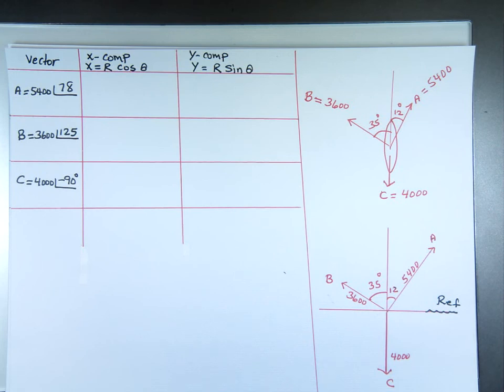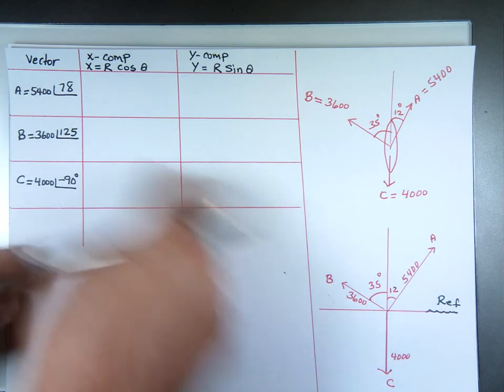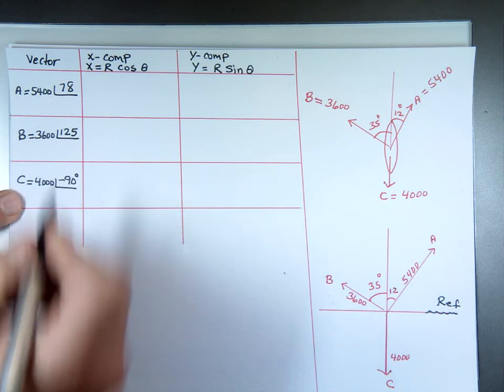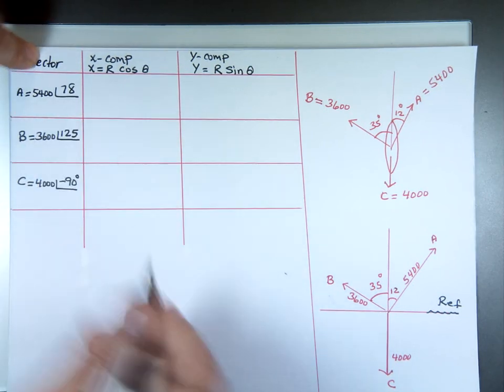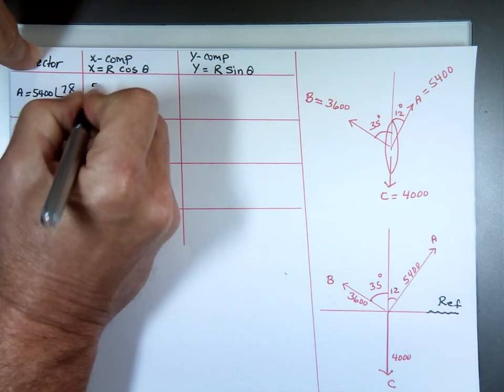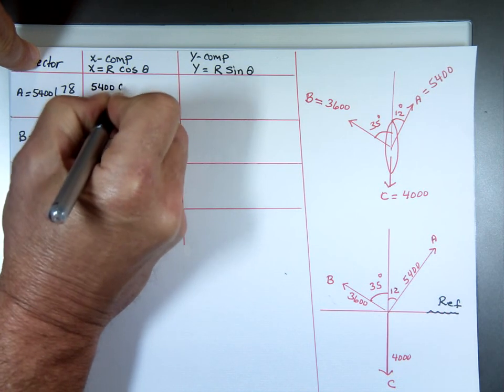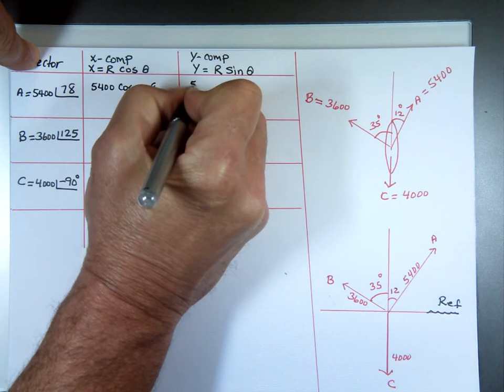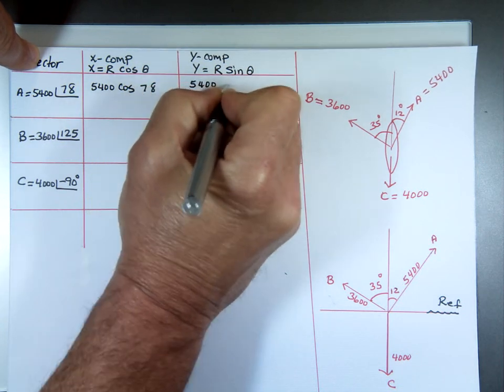Now, we're not done with the table. There's a lot of empty boxes here, right? So I need to find the x component for each one. This will be 5400 cosine 78. This will be 5400 sine 78.